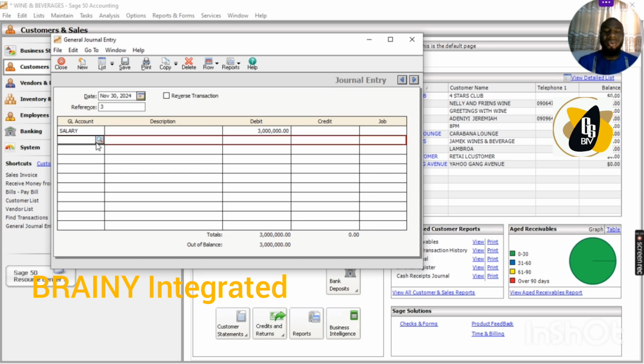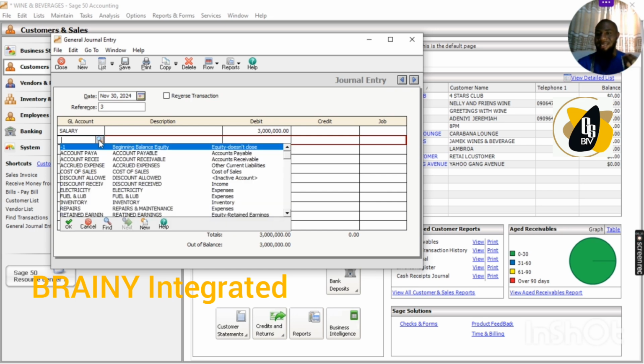Now I'm going to credit the liability account. Remember that accrued expense is a liability account, so I'm going to go to accrued expense or salary control. Either way, salary control is still a liability account. But because it is salary, sometimes it's very good to separate your salary.